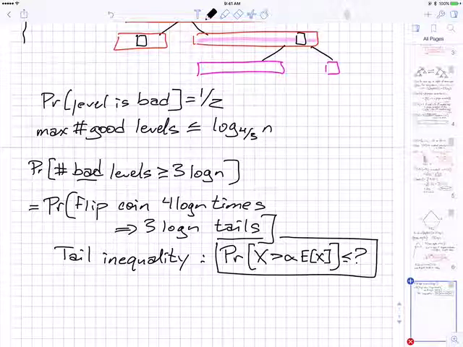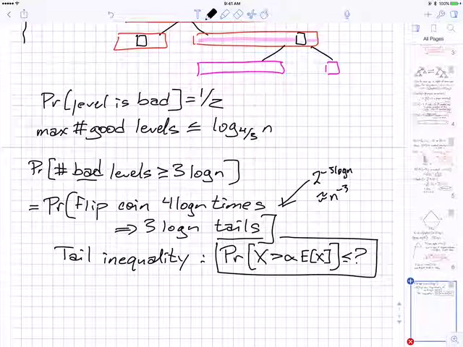For now, I will just reveal that this probability is exponentially small in the number of coin flips, right? So this is going to turn out to be something like 2 to the minus 3 log n, which is about n to the minus 3.